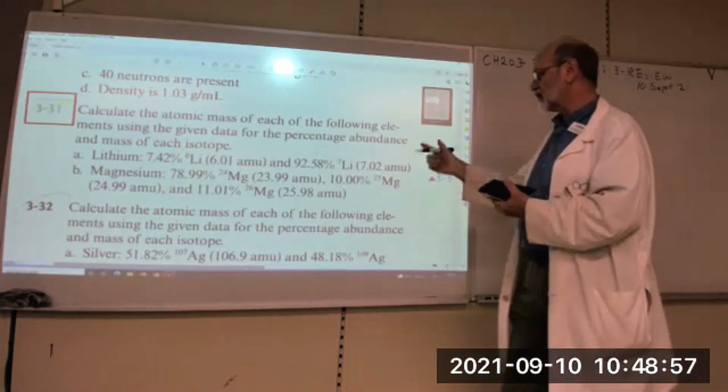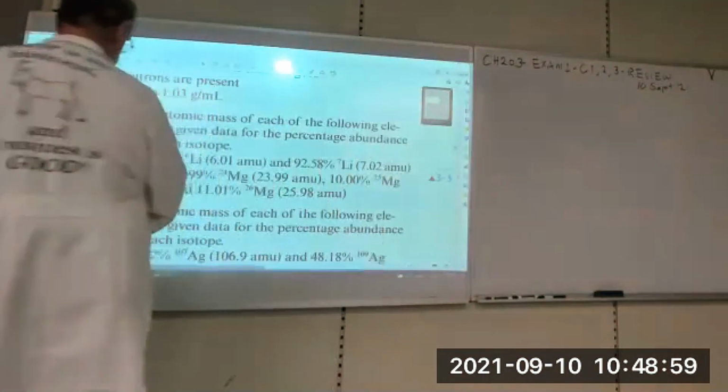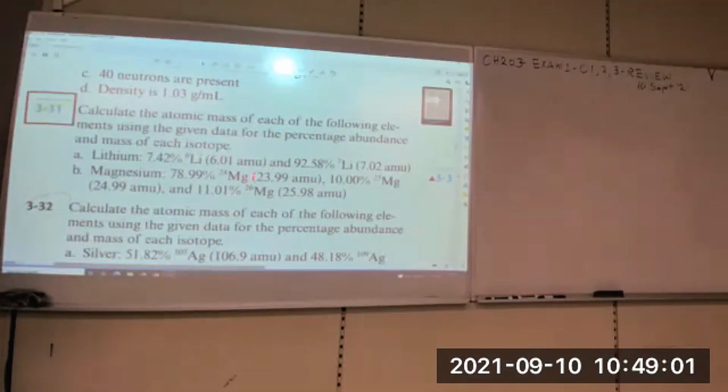Okay, and you can do the same thing for the rest of them. This one, it takes a little more because you've got 1, 2, 3 isotopes. You just do the same thing and just add them all together. Okay, let's see.